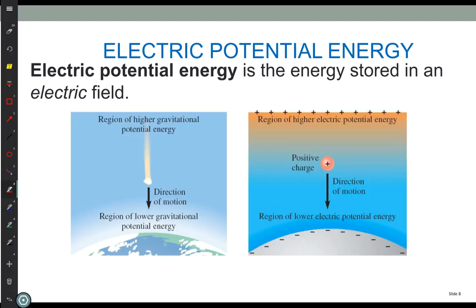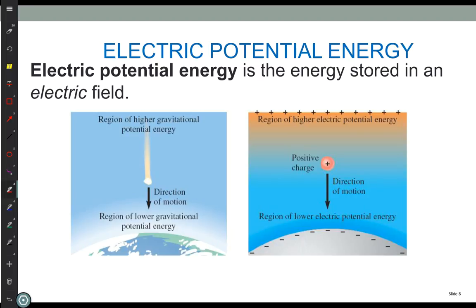So the charge is going to lower potential energy. That work is taken to lower potential energy. And that is a fundamental rule in physics. If I just let this ball go, it's going to go to the lower potential energy position, which for gravity is down.